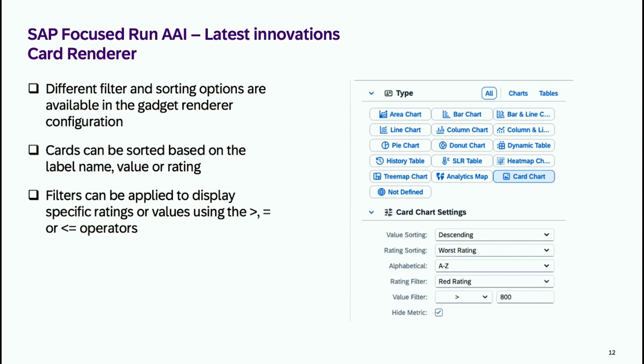For example, you may want to see only the red stuff, and you may want to use different options to filter. We can also filter based on the value, which means we can build a dashboard where we say, I want to see only systems with a certain response time or a certain availability.